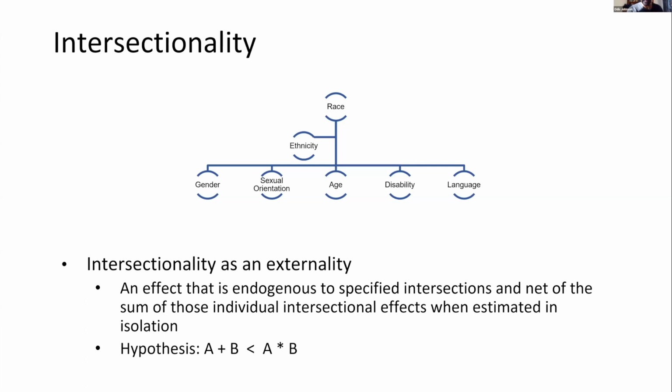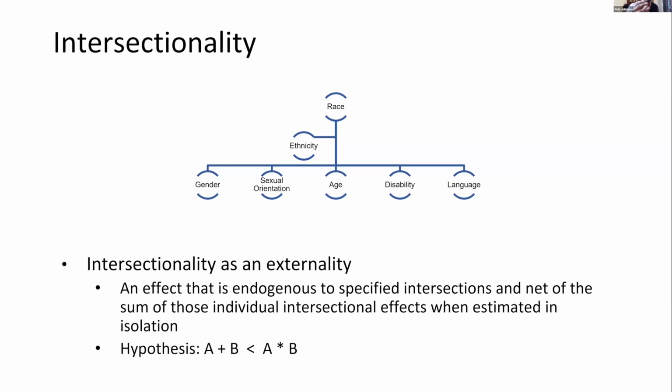They are multiplicative, synergistic for some people, where all of a sudden this intersection explains more than could be explained by the subcomponents in isolation, right? So Black might get you this, gender might get you this, but when you do Black woman, you get something much different than both. So intersectionality is an externality.